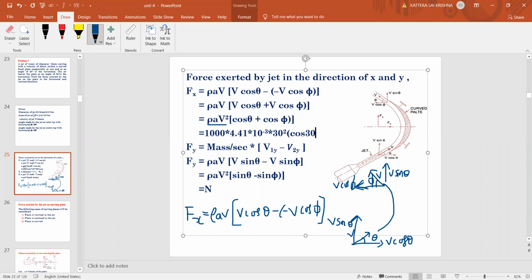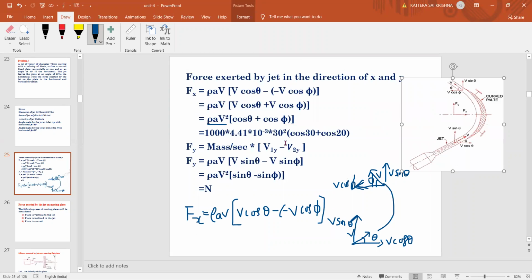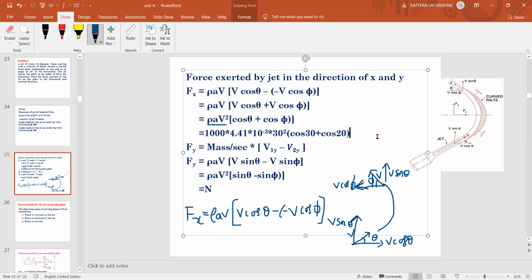Cos theta is 30 plus cos phi is 20. This is the substitution of all the values. So now you can find the Fx value. Please calculate Fx now. First find rho A V square, then into cos 30 plus cos 20.